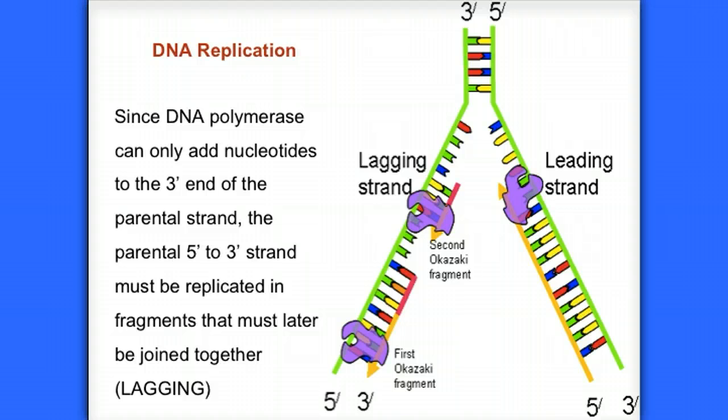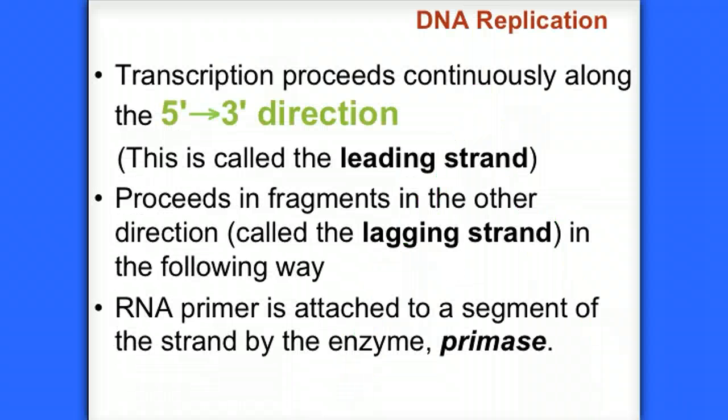So you see in the leading strand we have only this purple color structure, one primer, whereas in the lagging strand, on the left side, there are two primers attached, and these small strands will be joined now. So it's continuous on the 5' to 3', which is the leading strand, but 3' to 5' will be the lagging strand. This aspect is very important, that the leading strand happens to be from 5' to 3' end.